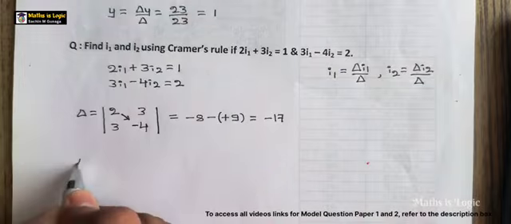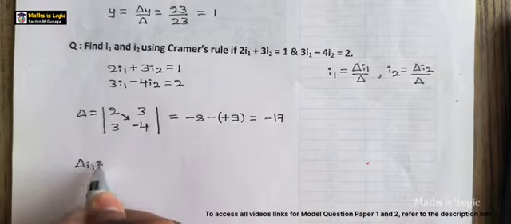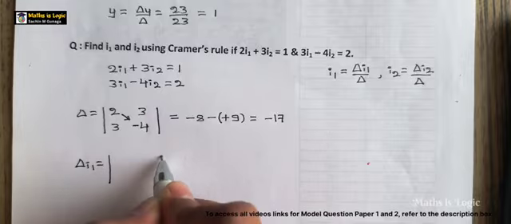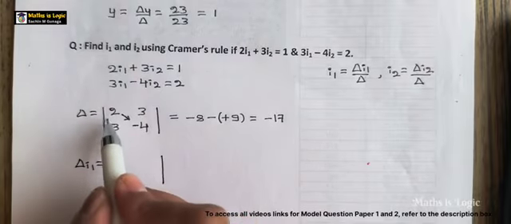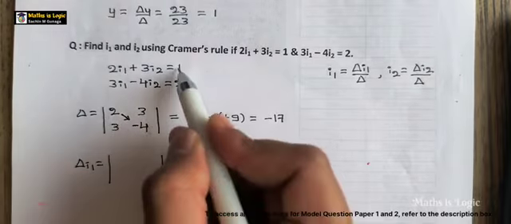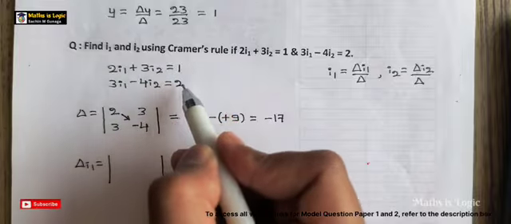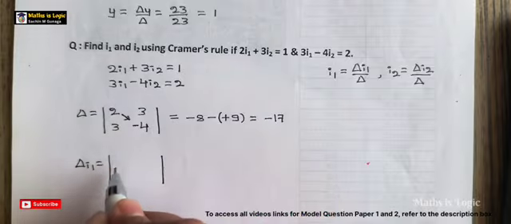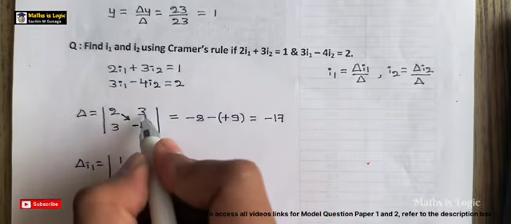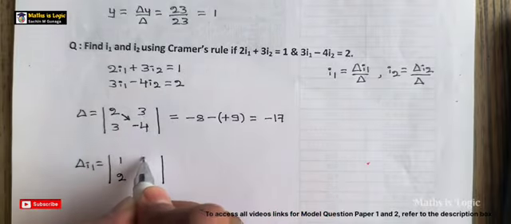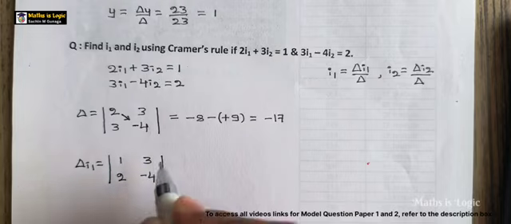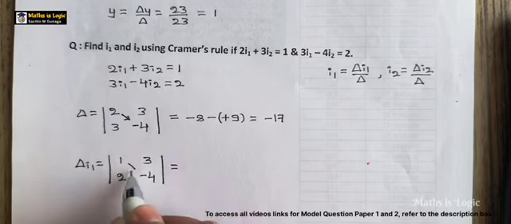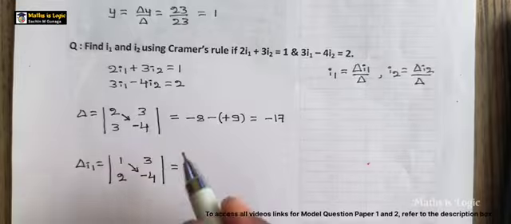Next, delta I1. So to get this delta I1, what we need to do is, in delta first column we should replace by these two constant terms. Means instead of writing 2 and 3, write here 1 and 2, and the second column in delta keep it as it is, 3 minus 4, which is equals to, again apply second order determinant rule.